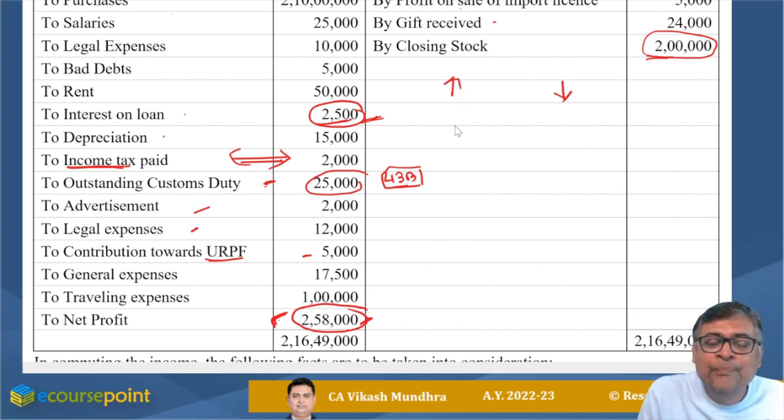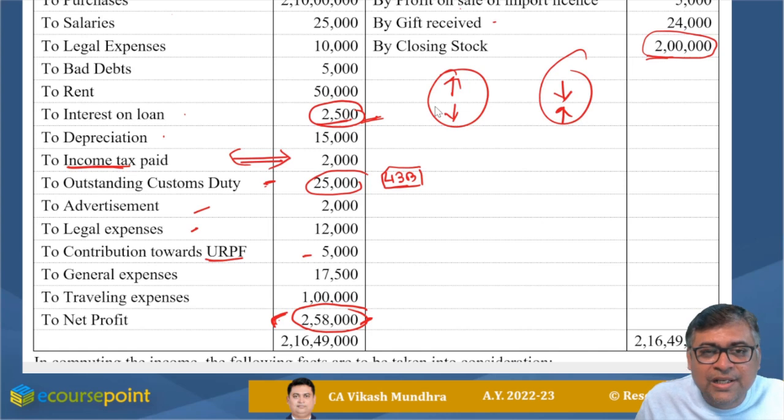And on the reverse side, if my stock is overvalued, overvaluation of my opening stock will decrease my profit, and overvaluation of my closing stock will increase my profit. Keep these things in your mind. Now, since it is undervalued, the undervaluation of opening stock has increased my income, and undervaluation of closing stock has reduced my income.